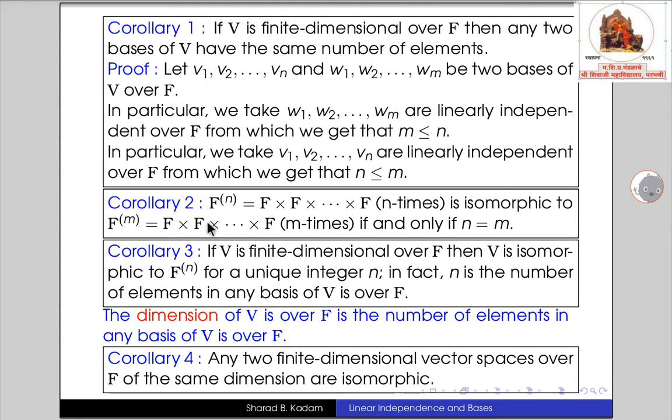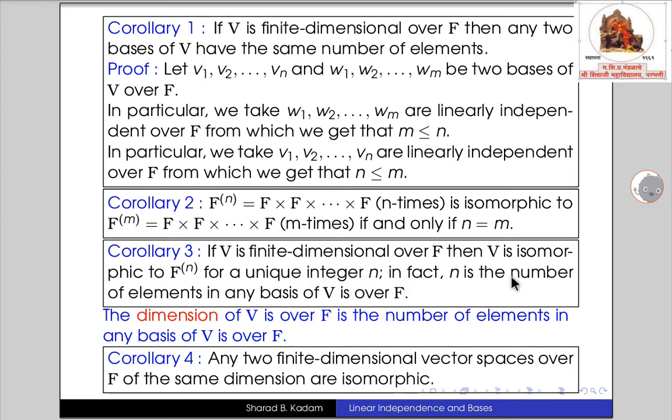The second corollary states that F^n and F^m, these two vector spaces, are isomorphic to each other if and only if n equals m. Corollary 3 states that if V is finite dimensional over the field F, then V is isomorphic to F^n for a unique integer n.